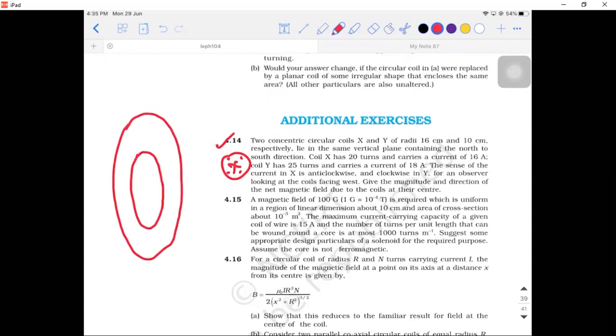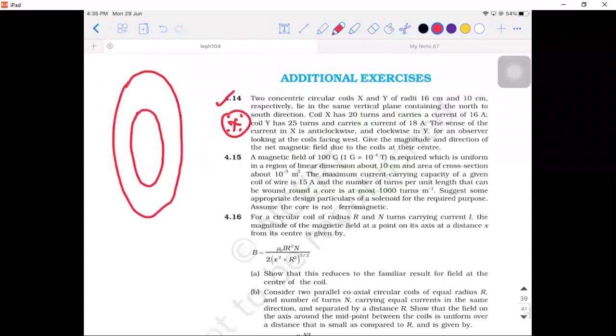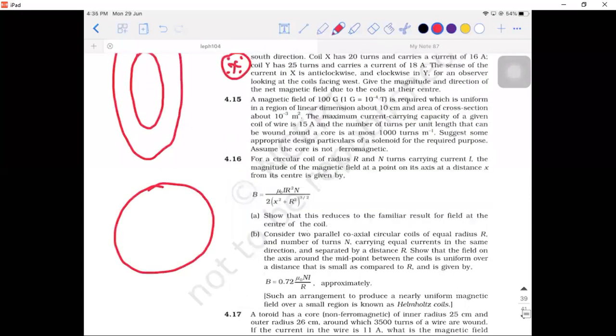I didn't draw them like this. Observe, if I draw it like this, which plane are they in? If I draw it like this, the XY plane.